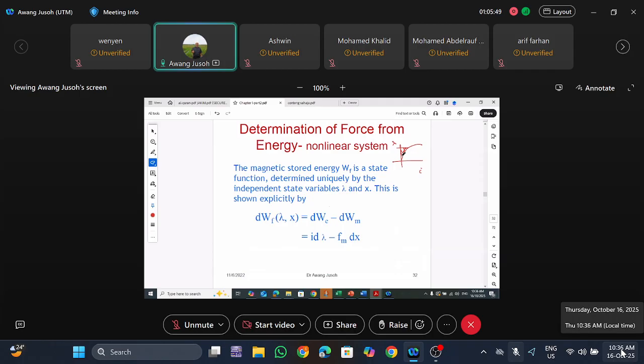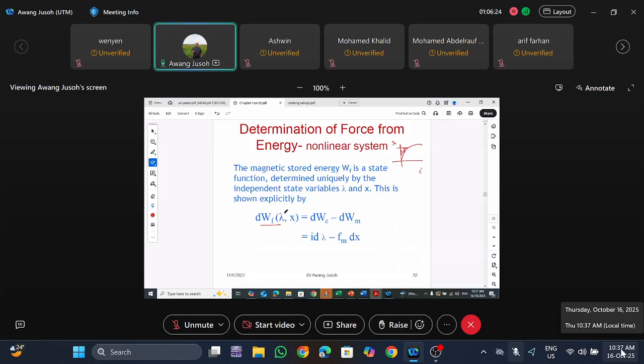Okay, so now we go back to the equation just now. dWf of lambda and x, the stored magnetic energy, equals the differential in electrical energy minus the differential in mechanical energy, where dWe equals i d lambda, representing the differential change of electrical energy, minus F dx, which is the differential in mechanical energy. It has two variables there, lambda and x.